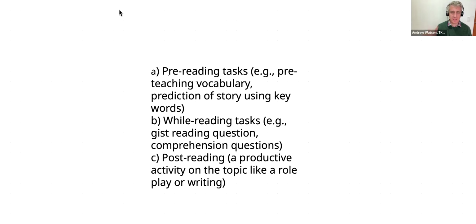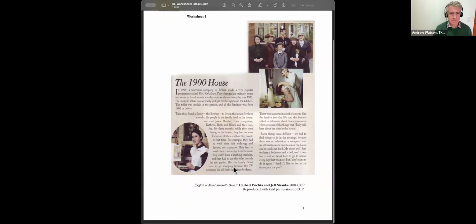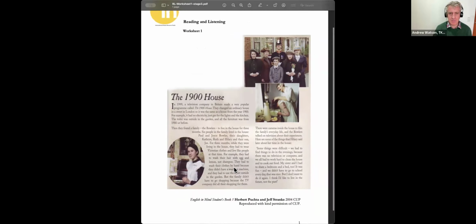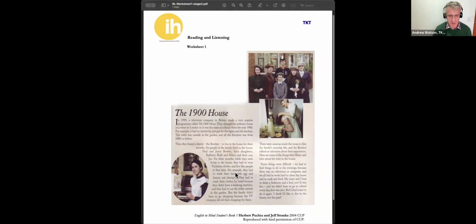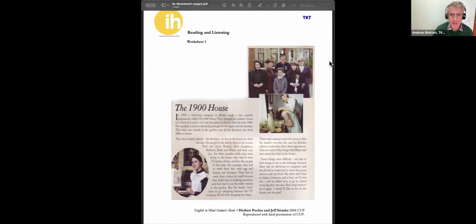So maybe one type of activity for this article. A pre activity might be to teach some of the vocabulary in the text, like shampoo. Well, maybe they know shampoo already. But the pre-activity could involve these photographs.